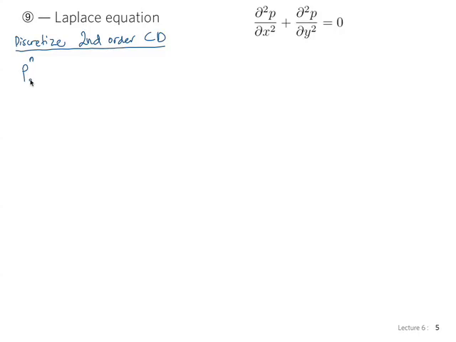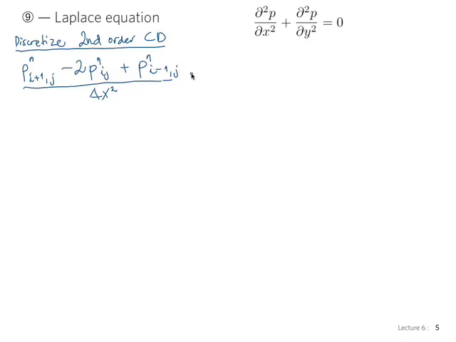But in space, we are using a center difference for this second order derivative. So we have in x, I plus 1, I and I minus 1, divided by delta x squared.